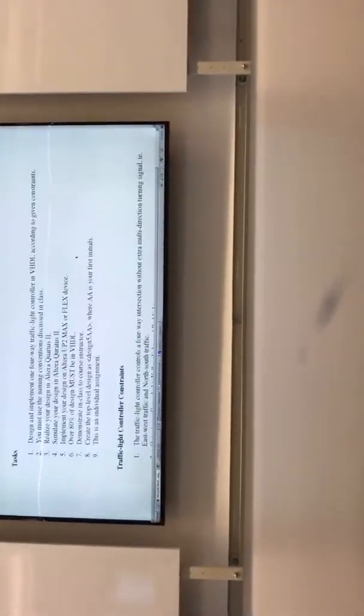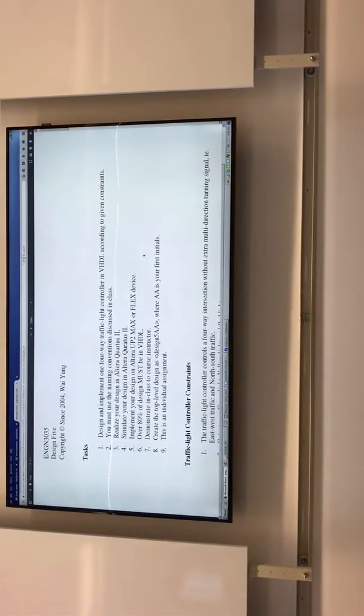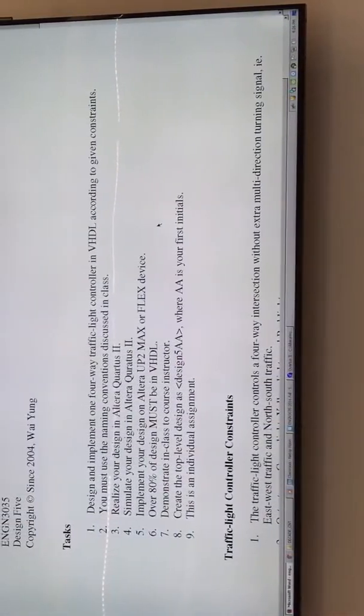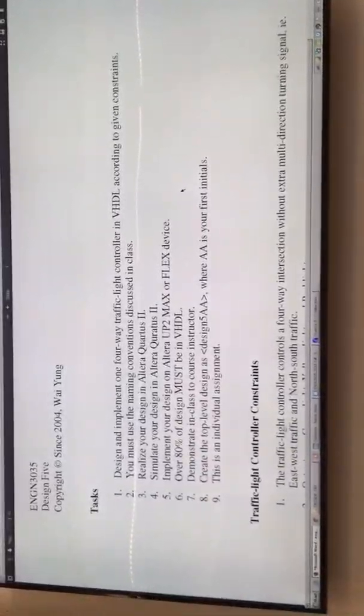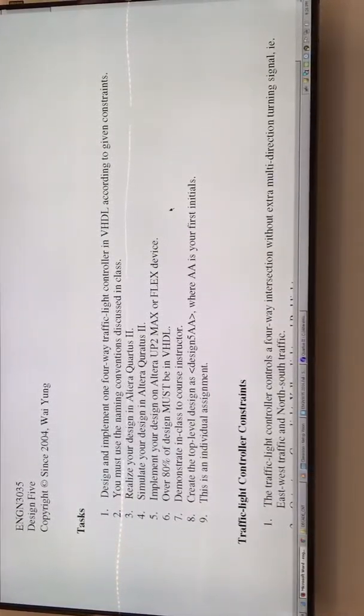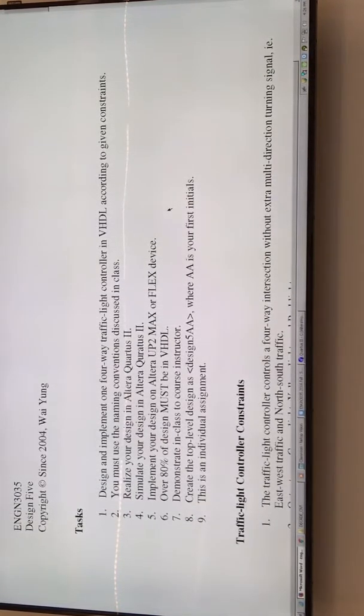So this is a 4-way traffic light controller. You're going to use VHDL to program it. To do this kind of programming, there are many ways of doing this. You can follow the textbook, you can use other ways. I really don't care which way you do this.